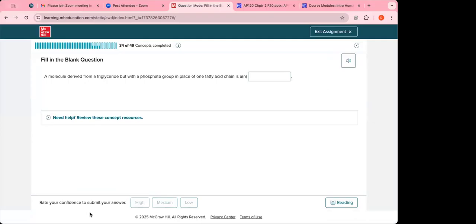A molecule derived from a triglyceride, so they come from triglycerides, but with a phosphate group in place of one fatty acid, that's a phospholipid.